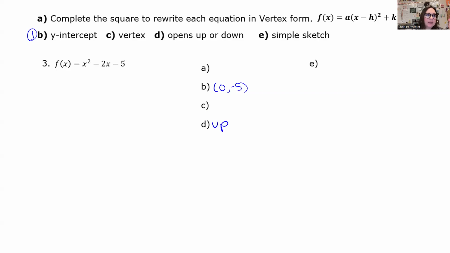And now I'm ready to get things ready to complete the square. I'm going to set it equal to 0. I'm going to add 5 and rewrite 2 lines to get ready for completing the square. Plus blank equals 5 plus blank.